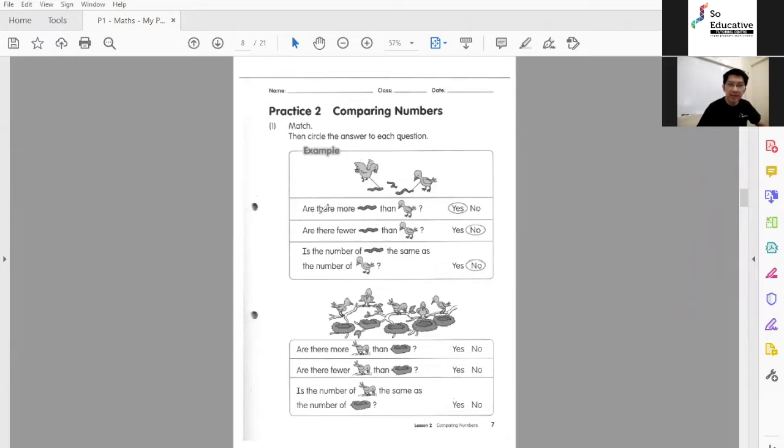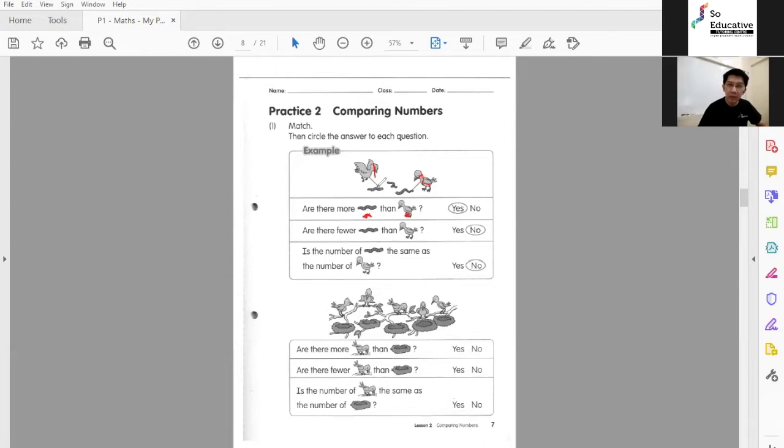This question is asking, are there more worms than the chicks? Little chickens. Are there more worms than the chicks? So here you can see 1, 2.